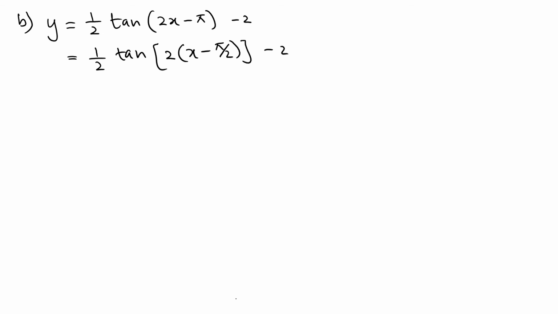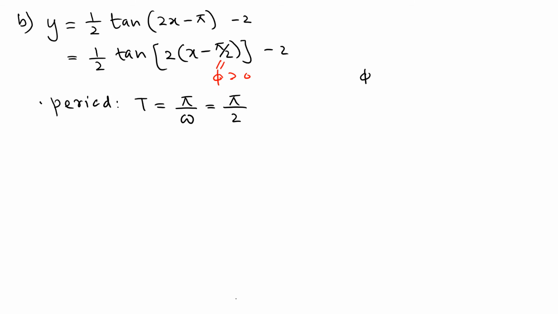So this is phi now, the phase shift, which is positive pi over 2, because there's a negative sign already. The period is T equals pi over omega, that's what the theory says, where omega is 2. So it's pi over 2.